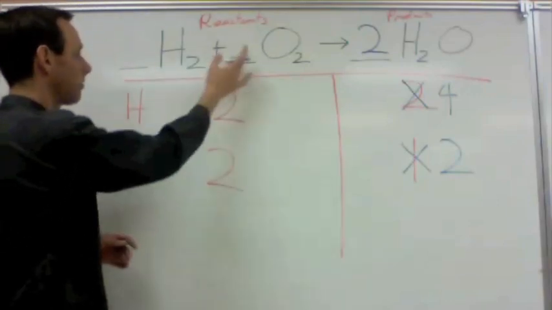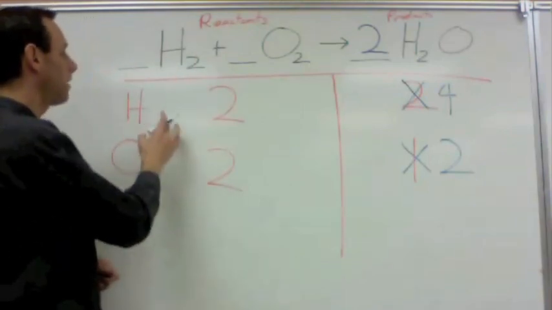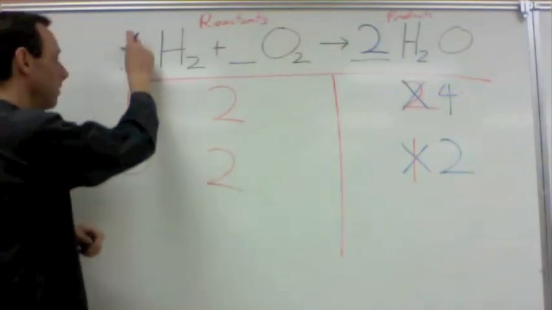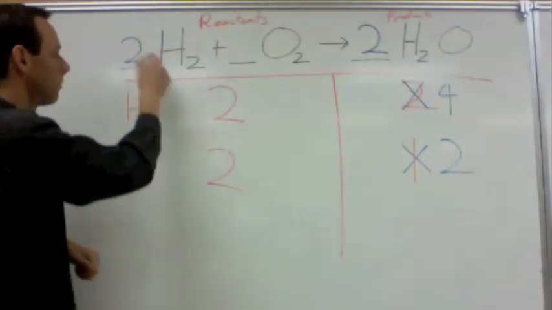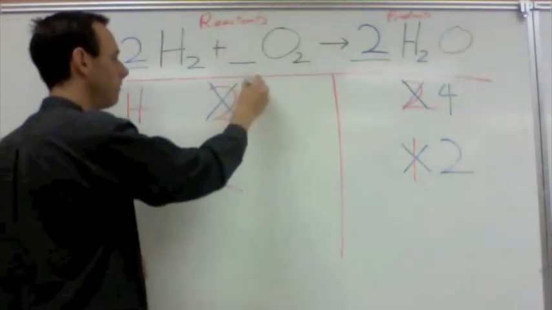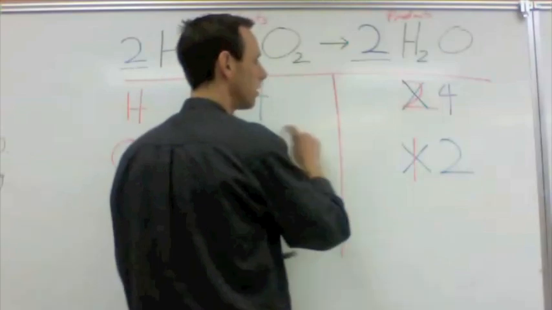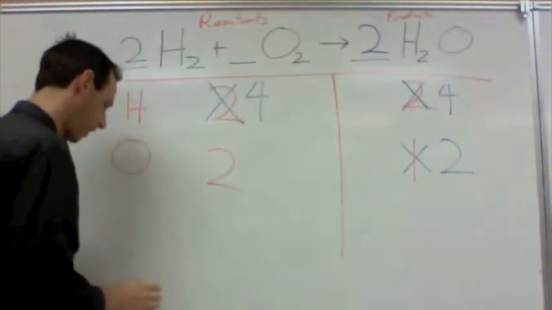Now I need to add something here to fix the new problem I just made. I need to have more hydrogens. I need to up this number. So there's an implied 1 here. Let's now make it a 2 instead. 2 times 2 is 4. Now look, these match. And these match. So I'm done. It's balanced.